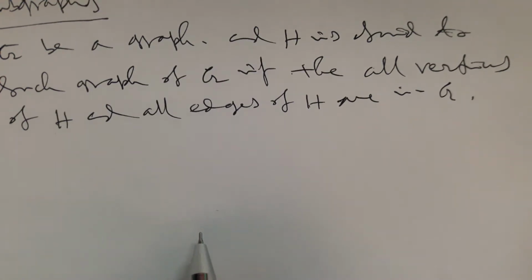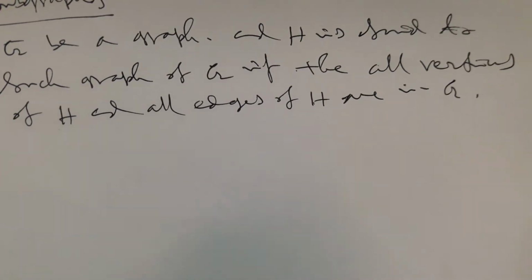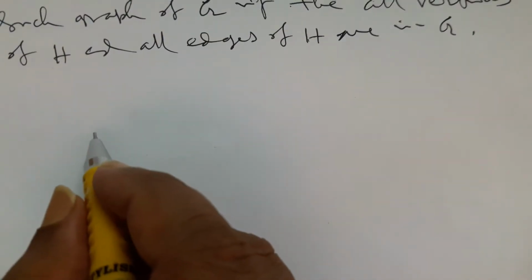Now if we consider a graph like this, if G is the graph consisting of the ordered triplet of vertices V dash, edges E dash and incidence function omega dash, this is the consideration.